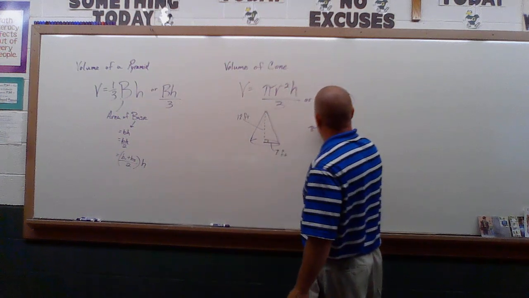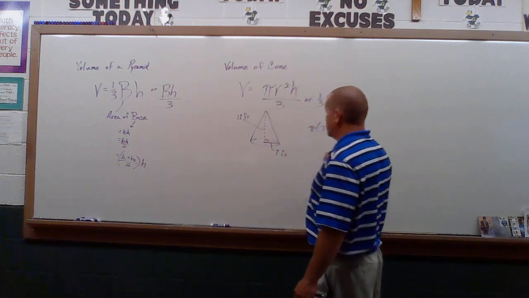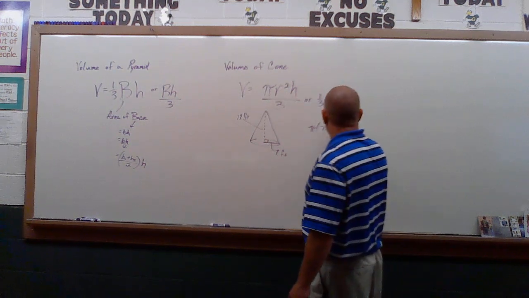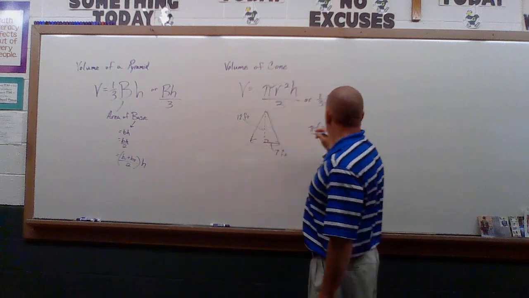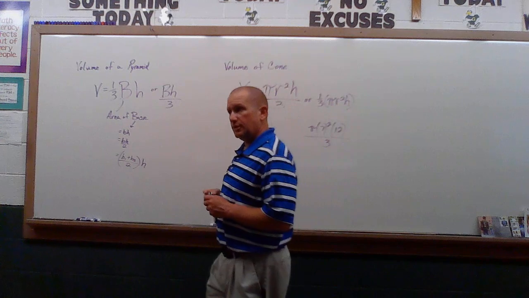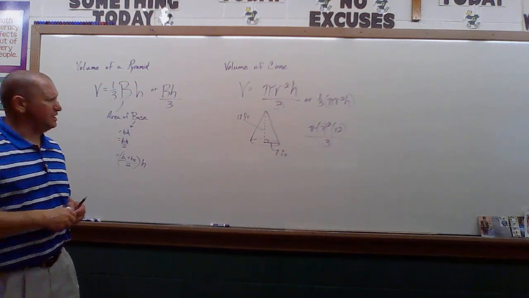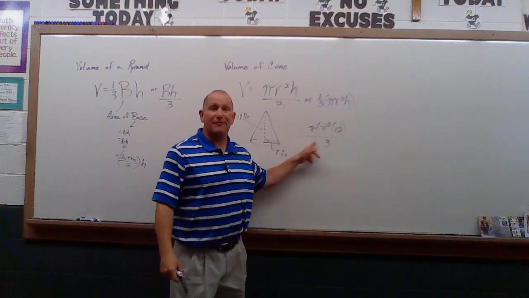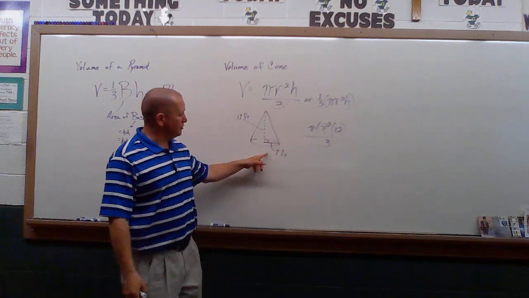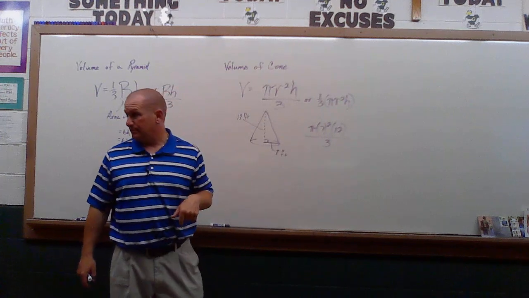Pi times r, r is 7, squared, times h, which was my 12. And then divided by 3. Okay? And even though we're dividing by 3, we're still talking about volume. So my label should be feet cubed in this problem.